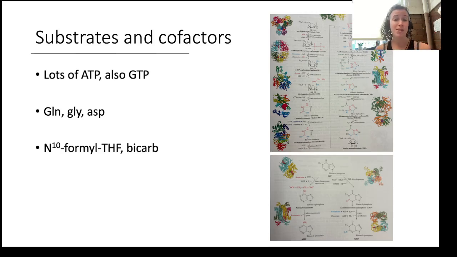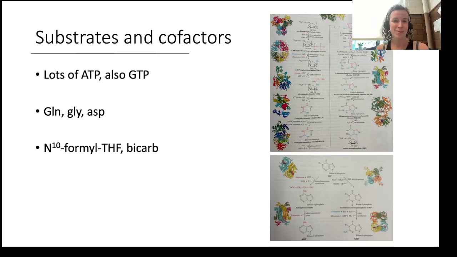And on this slide, you can see how complicated it is because I'm showing you all the steps at once. What are some things that we saw kind of as patterns here? We saw lots of ATP being used in these steps. We have to remember that now we're looking at an anabolic process. When we're building these biomolecules, we usually have to use energy in the process, right? This is going to cost us energy.